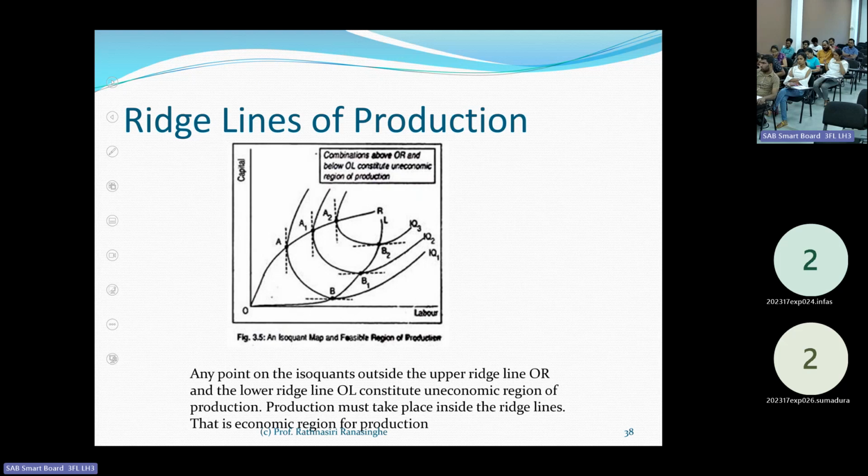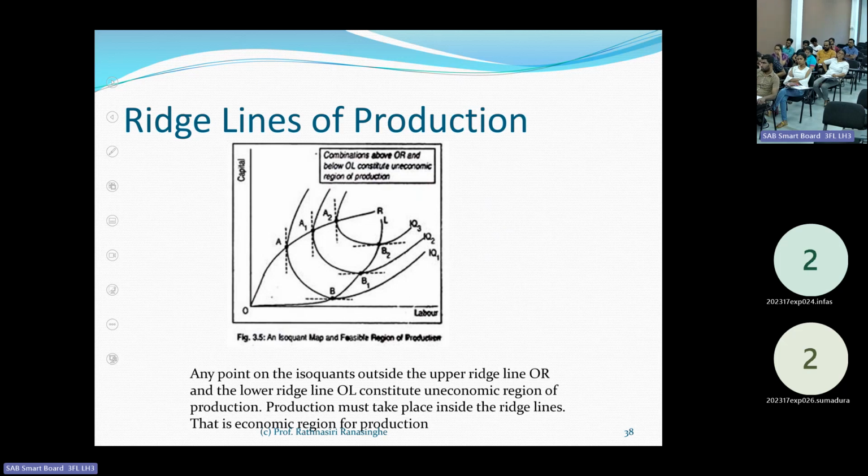We always talk about the positive marginal productivity. Even though the marginal productivity decreases, if it is positive, we can sustain production. But negative marginal productivities should always be avoided.